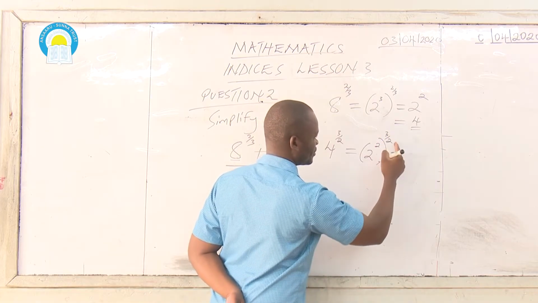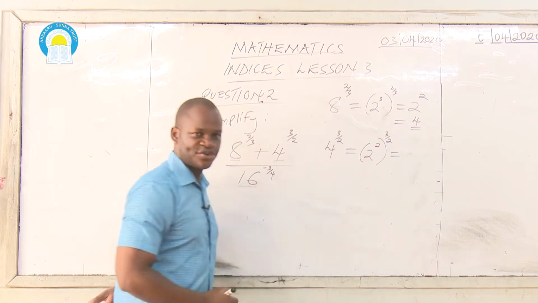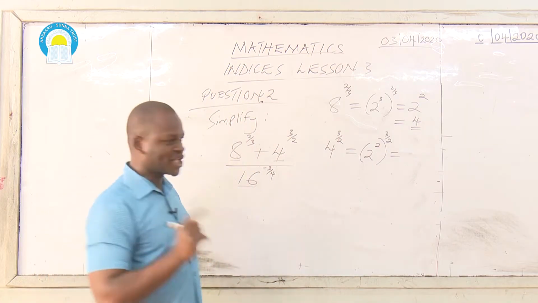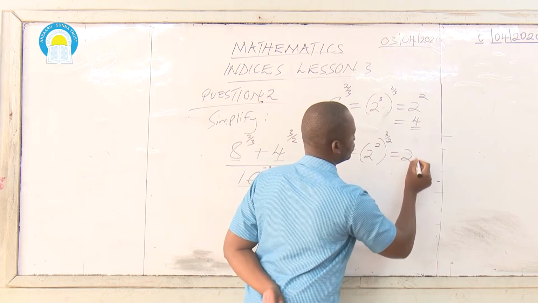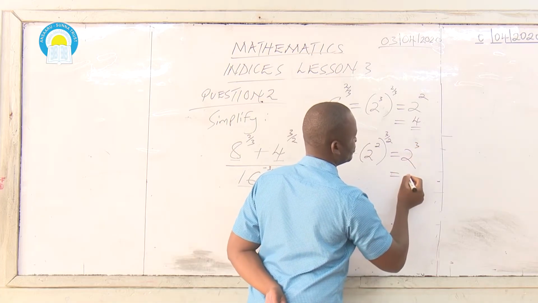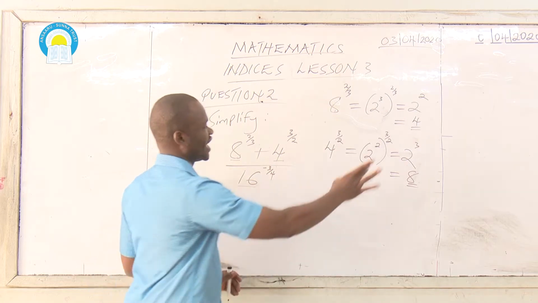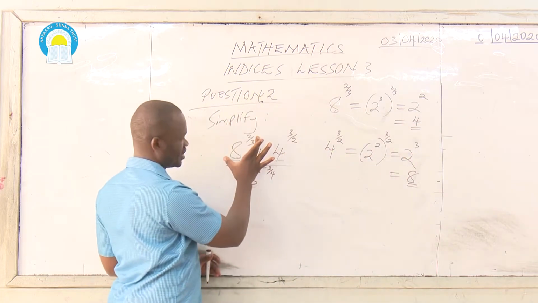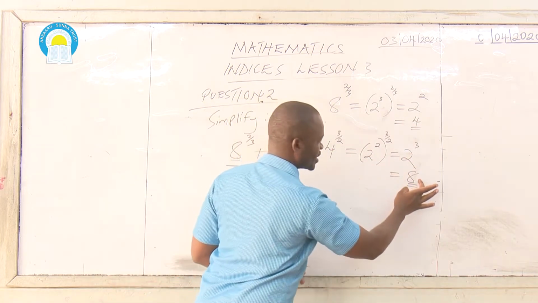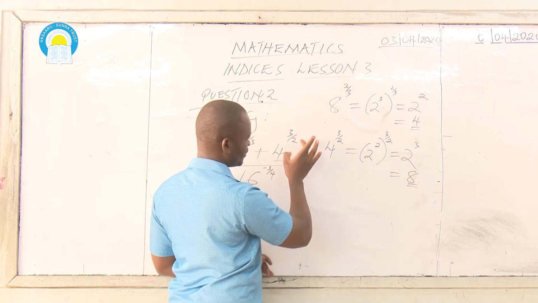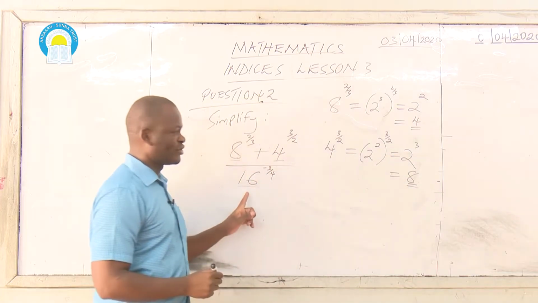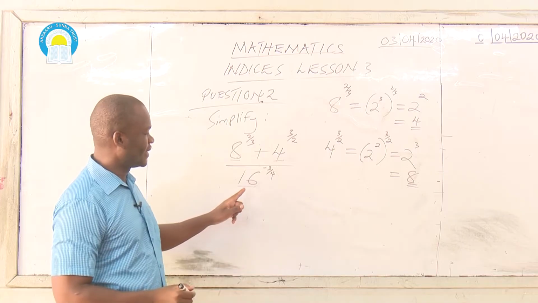So take 3 over 2 times 2. That gives you 3. You end up with 2 power 3, which will be 8. So this is the outcome from that workout. Then now we go to our last part.